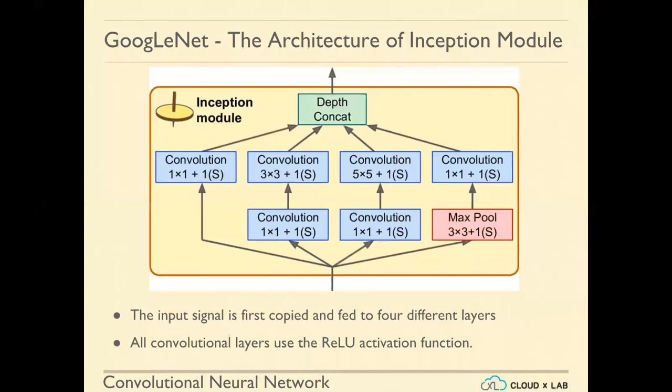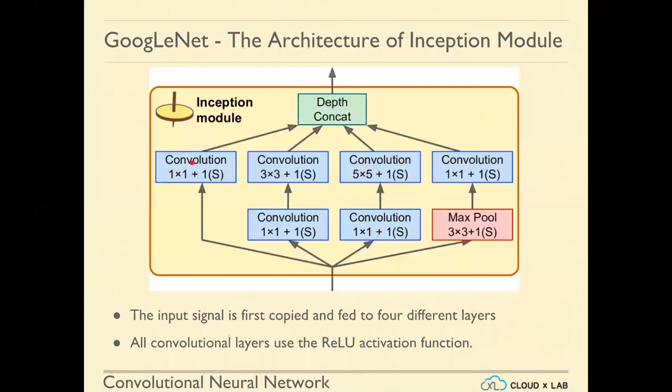Okay. So the input signal is first copied and fed to 4 different layers. Whatever input signal is coming from the input layer, one copy of that input goes to all of them. Basically it's copied to 4 different layers: 1, 2, 3, and 4.